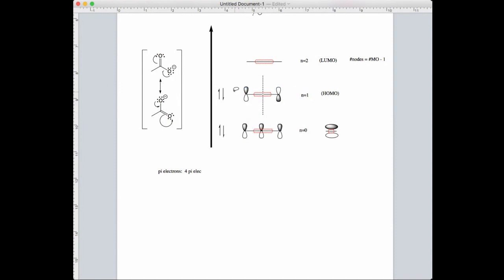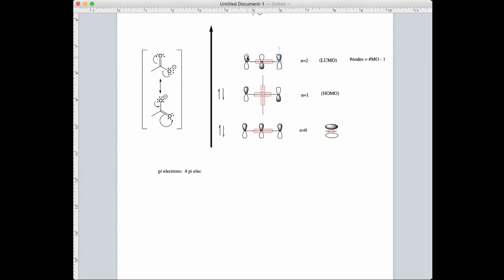And in the top molecular orbital, we have 2 nodes, meaning 2 disruptive interactions. So basically the only option here is alternating. So it will look like this.